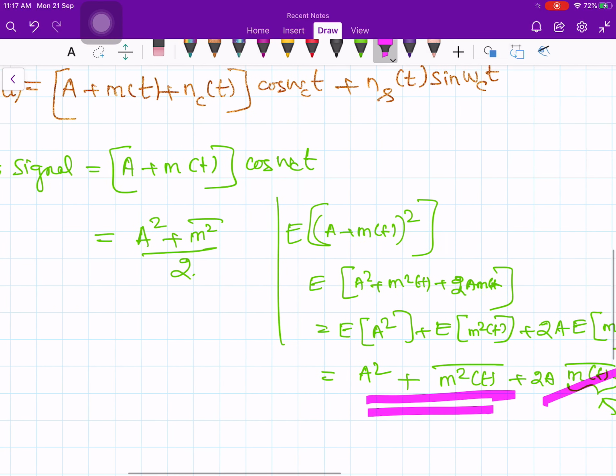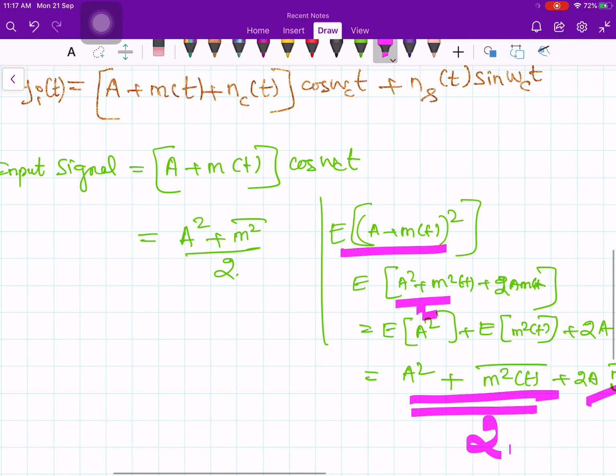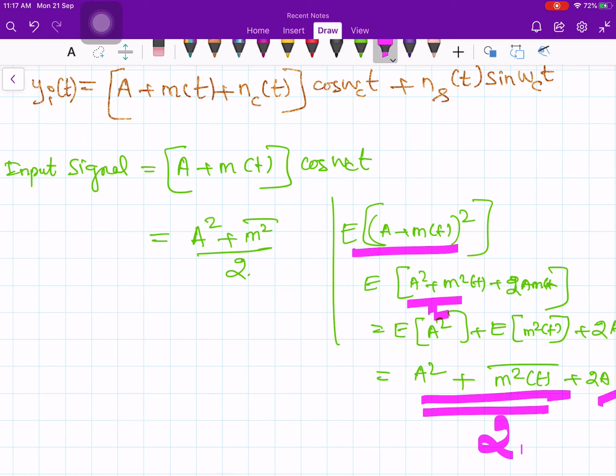And of course, in the denominator I forgot to put 2. So 2 will come in the denominator, and the whole thing will be divided by 2. So if you calculate, the 2 factor will come. Because I don't have the root 2 factor here, then it will be a square plus m square of t by 2, because that cos term I did not consider.